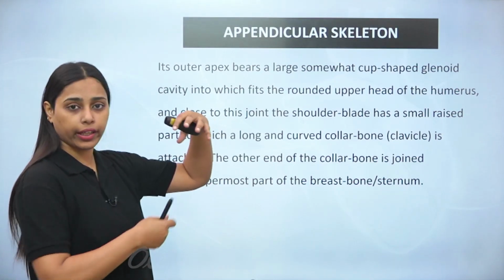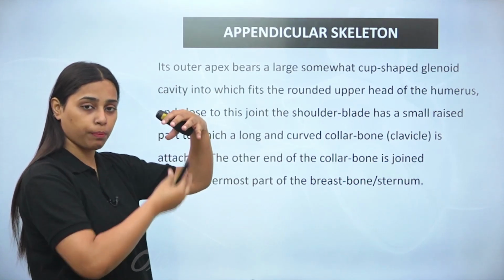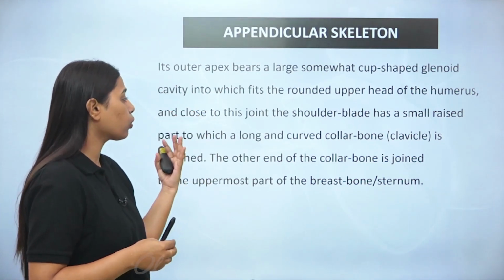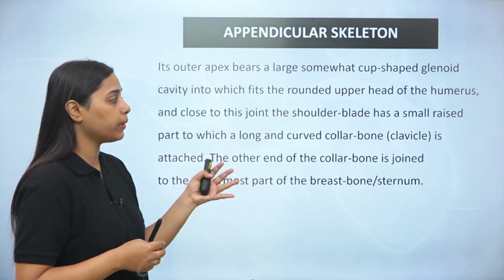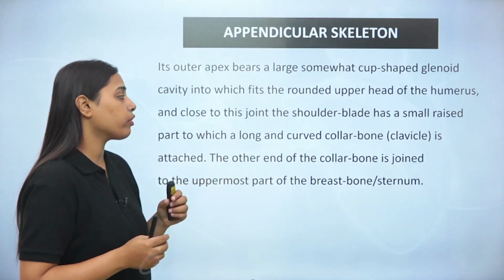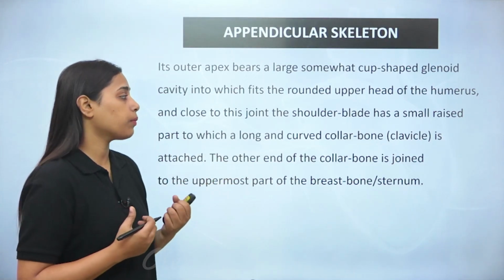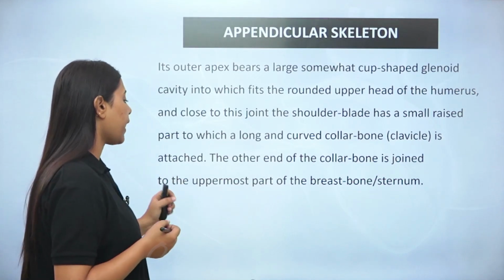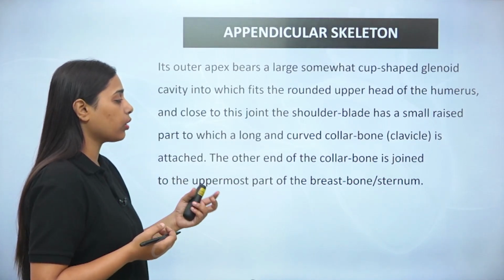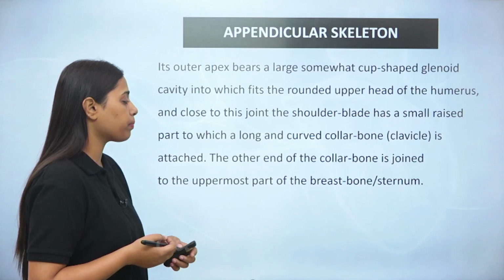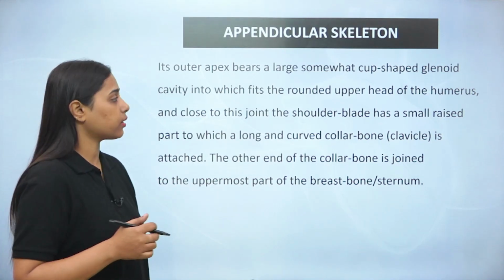Closest to this joint, the shoulder blade has a small raised part to which a long curved collarbone, the clavicle, is attached. The other end of the collarbone is joined to the uppermost part of the breastbone, that is the sternum only.